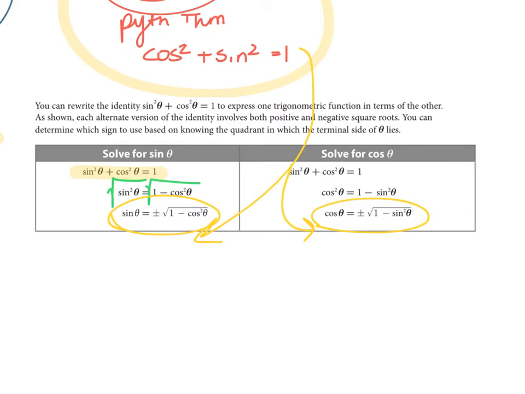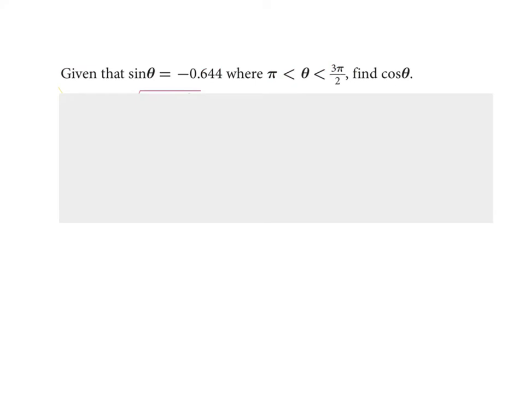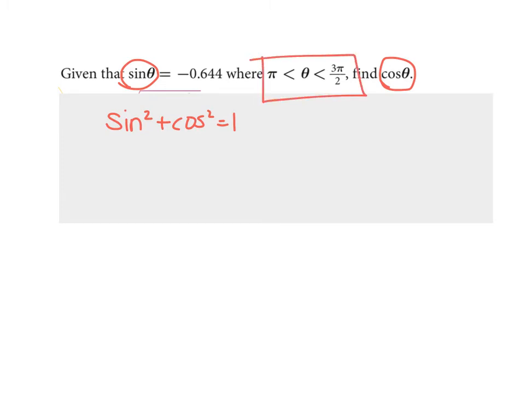All right, so let me show you some examples. A few things to start off with. Notice that they're telling me about sine and asking me to find cosine, which tells me I'm going to use sine squared plus cosine squared equals 1 as my starting place. This right here just tells you what quadrant you're in. If you think about your little unit circle, pi over 3 is down here, pi is right there, so we're talking about this third quadrant, which is negative, negative.